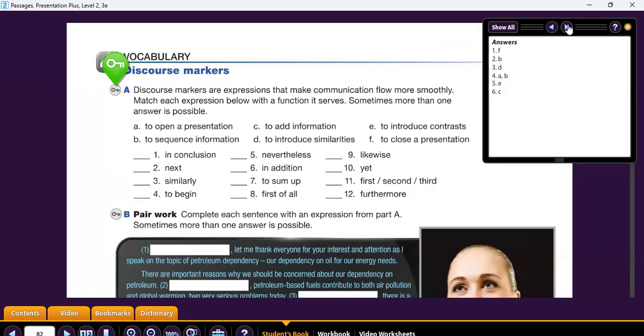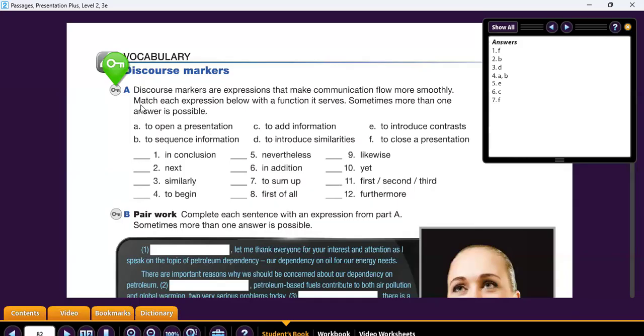To sum up is to close a presentation. To sum up is like to summarize. First of all, to open a presentation.